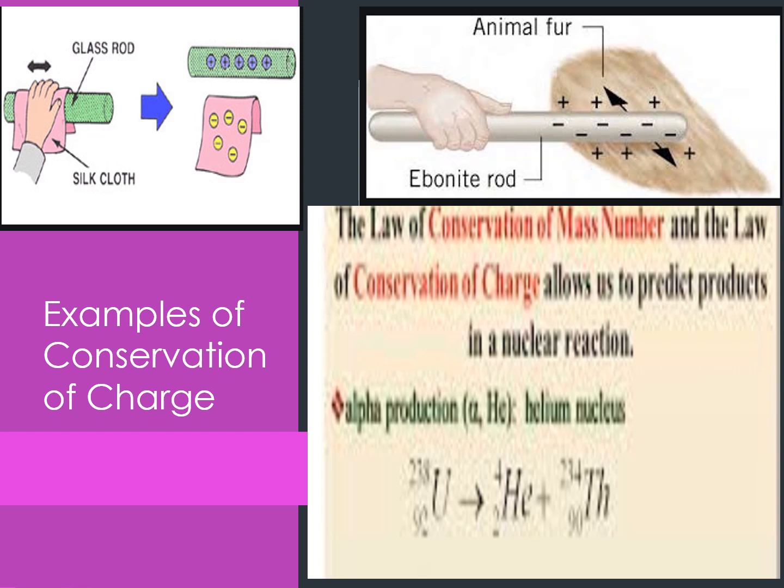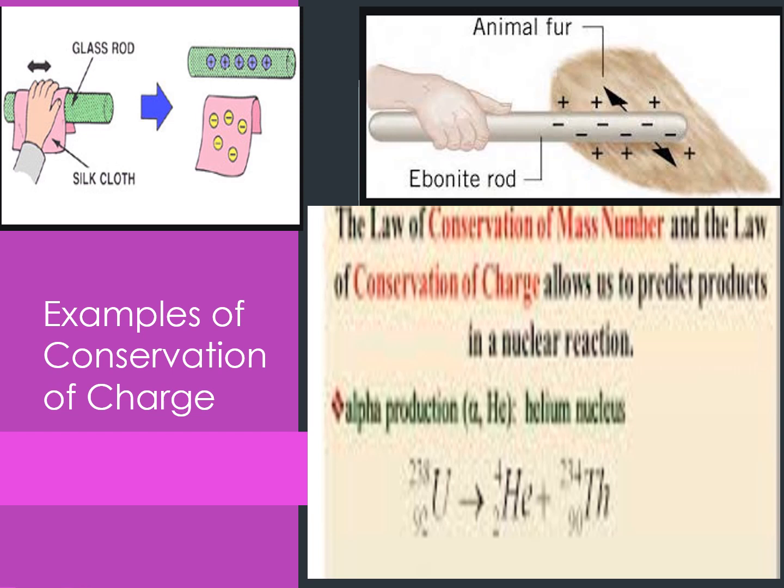Next example is when ebonite rod is rubbed with fur. When ebonite rod is rubbed with fur, the fur becomes positive and the ebonite rod becomes negative. The ebonite rod gains electrons whereas the fur loses electrons.